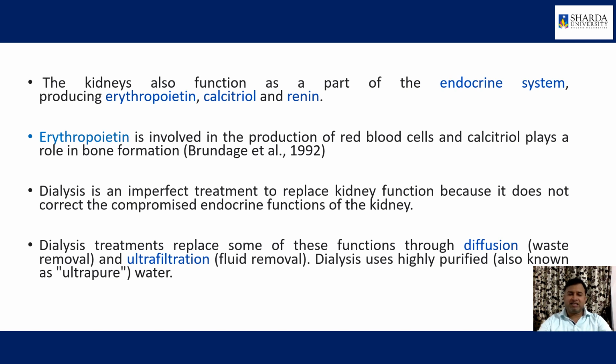Dialysis is only used for removing toxic material, but it cannot produce erythropoietin hormone. That is why it is not a perfect solution, and definitely there is a need for the kidney. Dialysis treatment replaces some functions like diffusion and ultrafiltration.